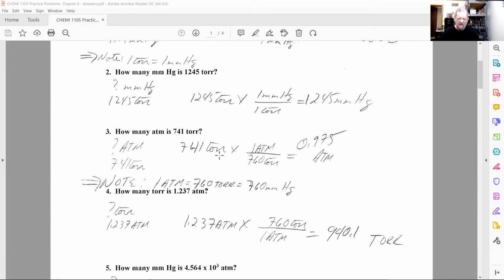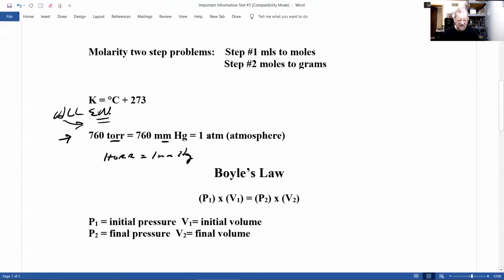Atmospheres. What goes underneath? Torr. Where do I get the numbers? Well, if you didn't memorize it, good news, it's in the important information: 760 torr equals 1 atmosphere. And those are both exact numbers because that's the definition.